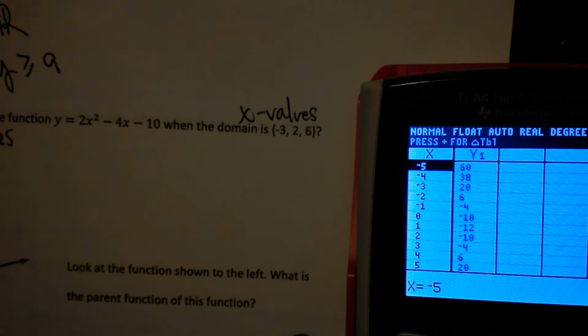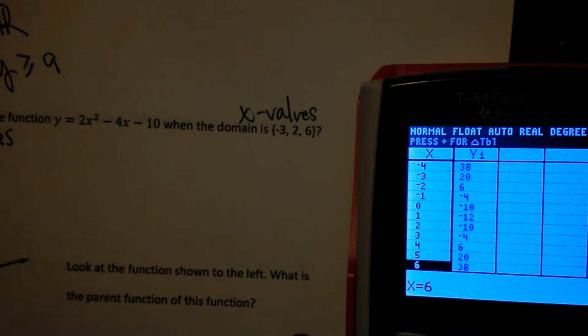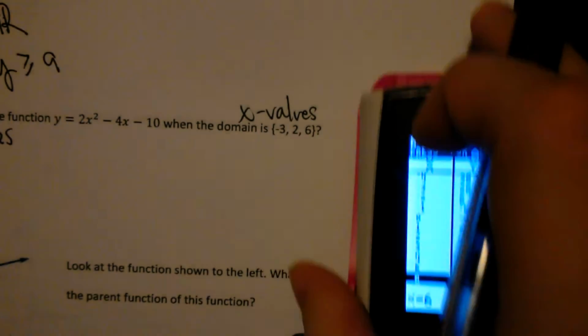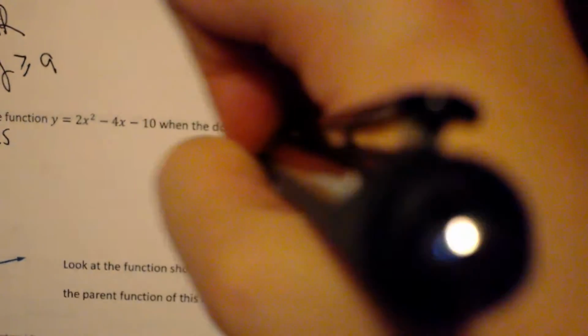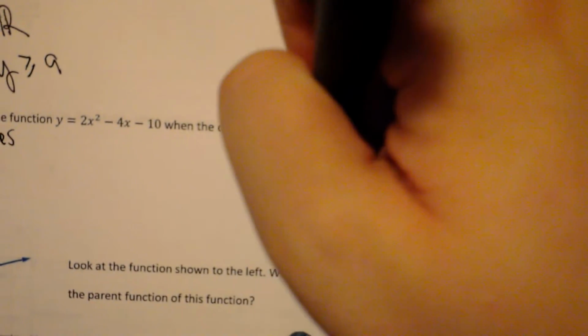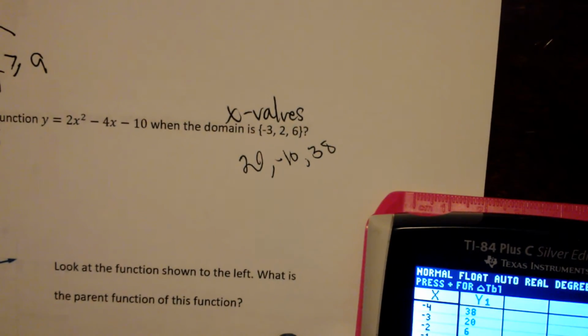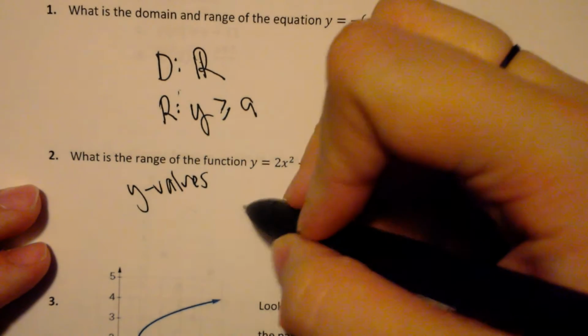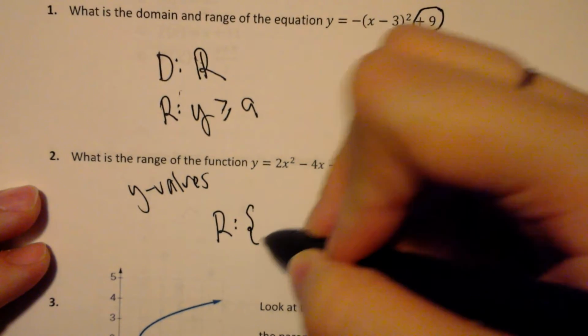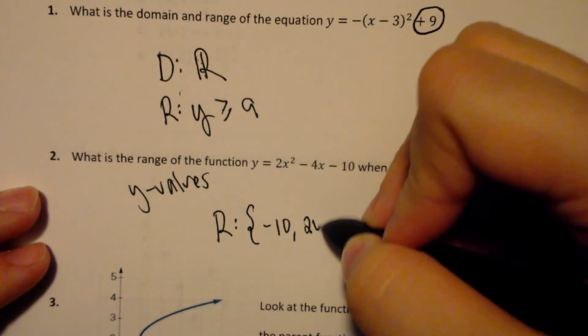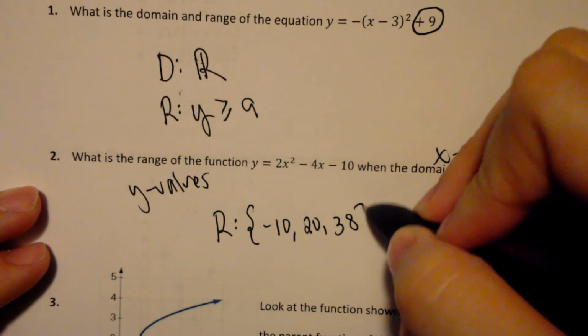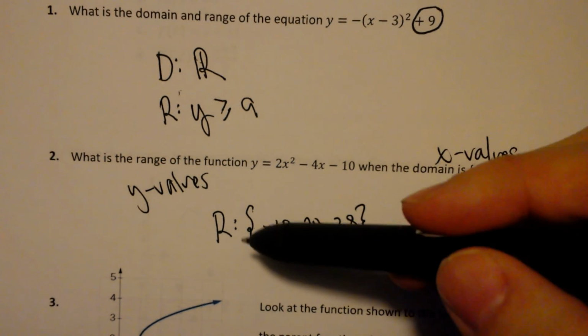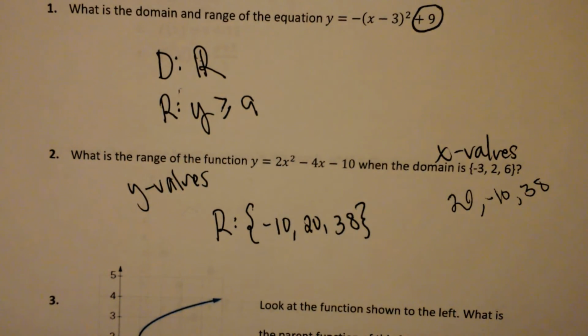So at negative 3, it's 20. So that's what I want. And then at 2, it's negative 10. Then at 6, it's 38. So my range is negative 10, 20, 38. I want to write it in order from least to greatest.